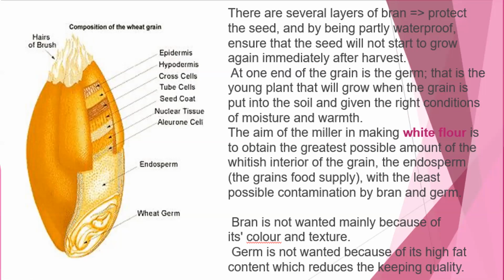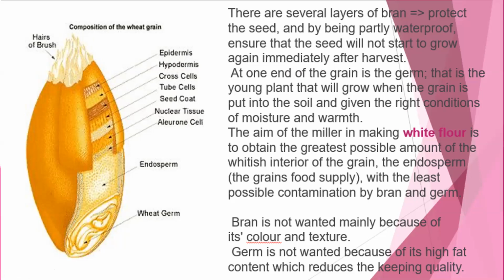The aim of the miller in making white flour is to obtain the greatest possible amount of the whitish interior of the grain, that is the endosperm part basically. This is endosperm. The maximum part covered in the grain is endosperm, responsible for providing white flour.